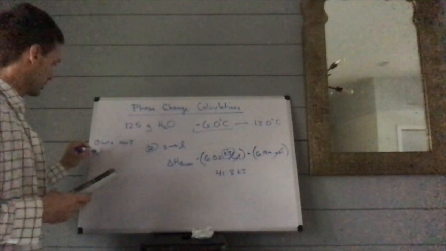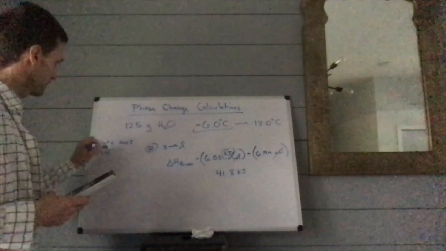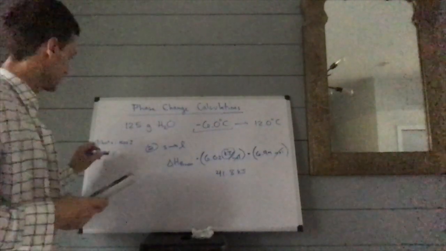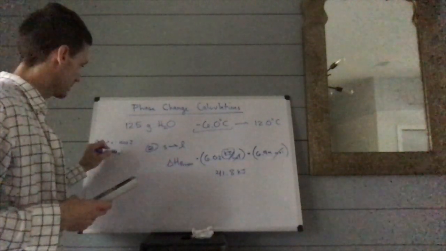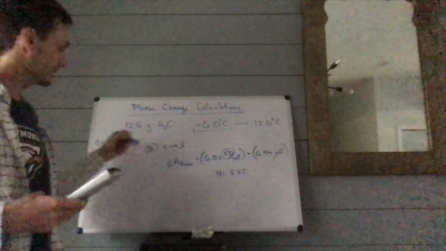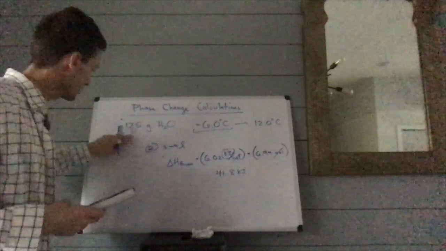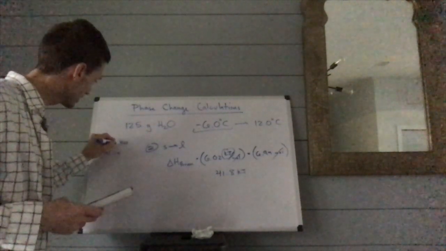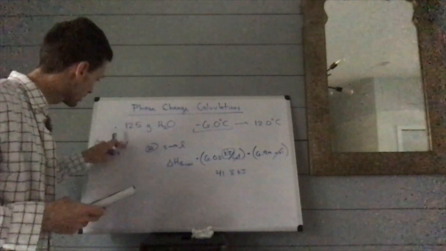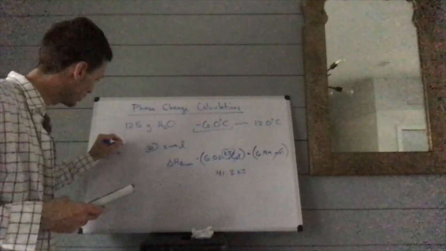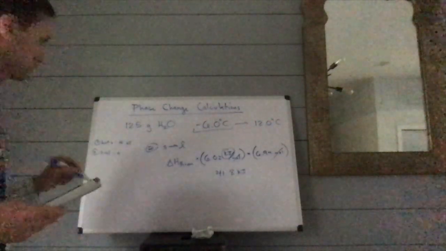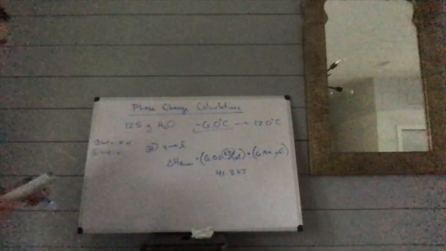Okay, so over here in our little tally, going from solid to liquid, we will use 41.8 kilojoules, but let's keep all of the units consistent here. So I'm going to change the 1,500 joules to 1.5 kilojoules. That's just moving the decimal over 3 spots.